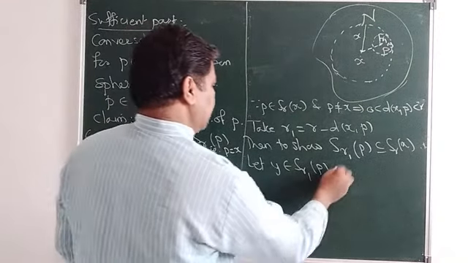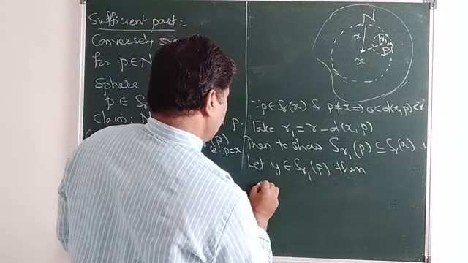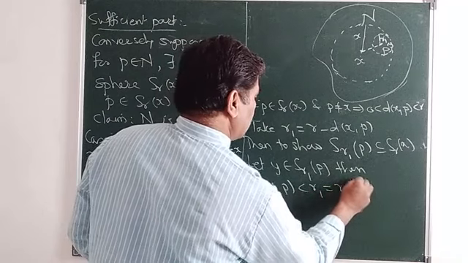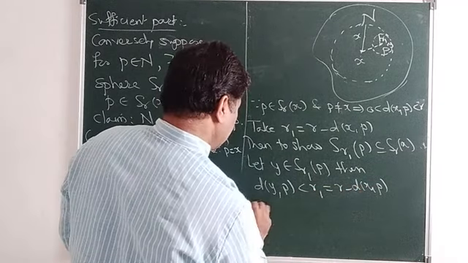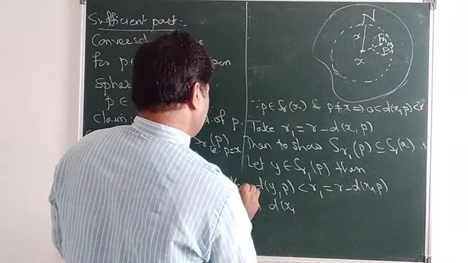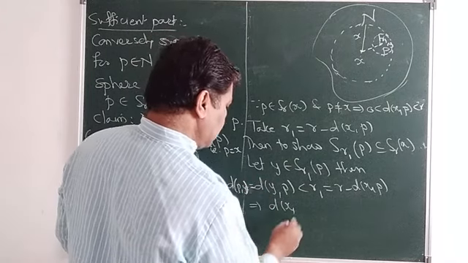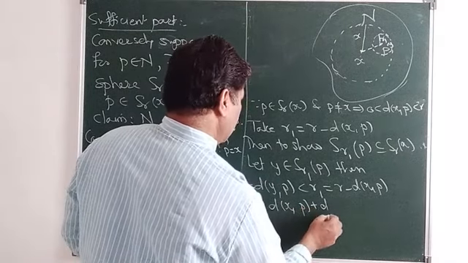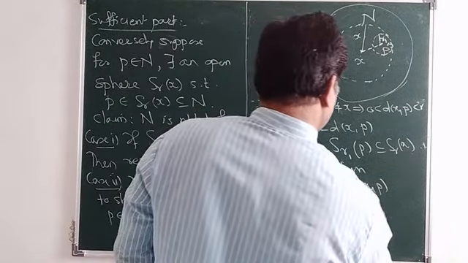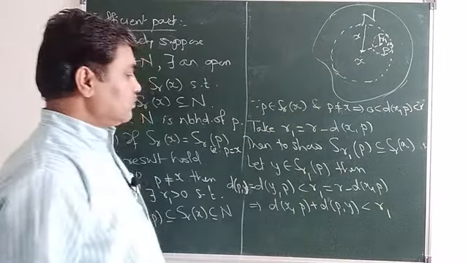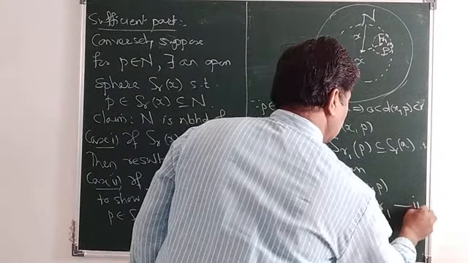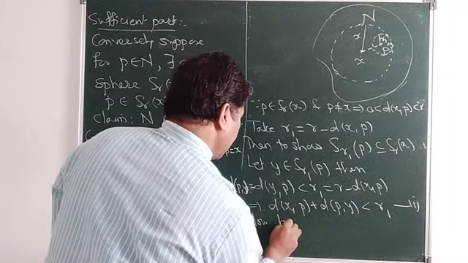Then d(Y,P) is less than R1, equal to R minus d(X,P), which implies d(X,P) plus d(P,Y) is less than R, using symmetry d(Y,P) equals d(P,Y). So this is 1.